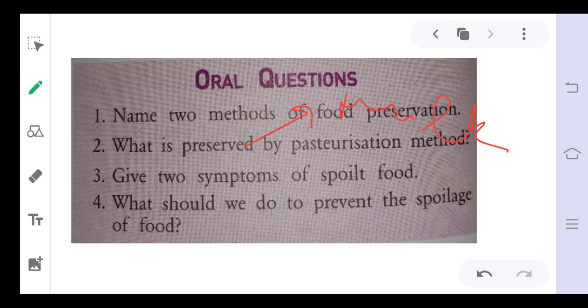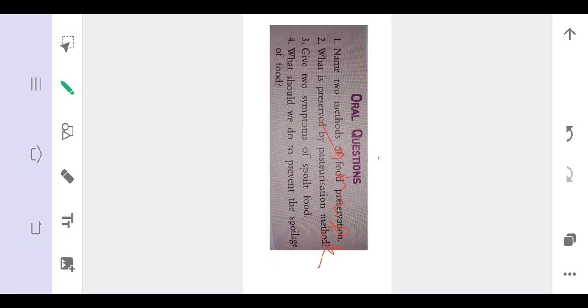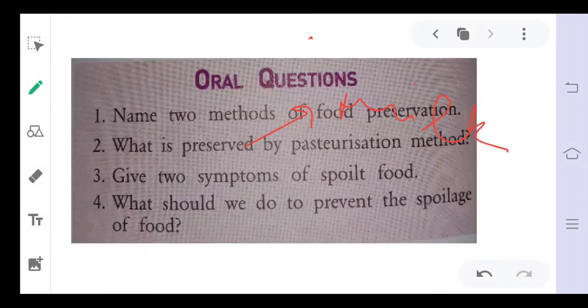Give two symptoms of spoiled food. There are different symptoms of spoiled food, and you have to write two. Spoiled food starts to emit a foul smell, then there is a change in taste, change in color, and the nutritional value is also affected.